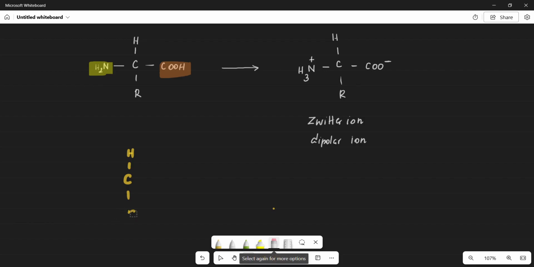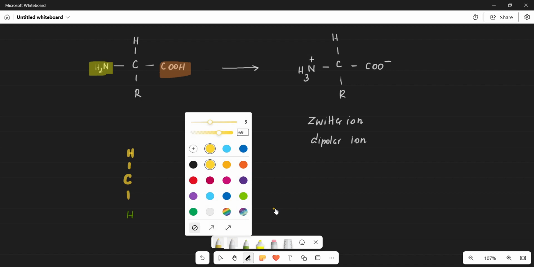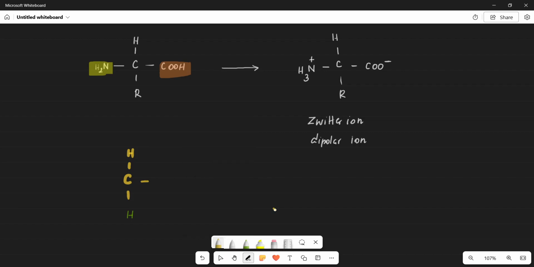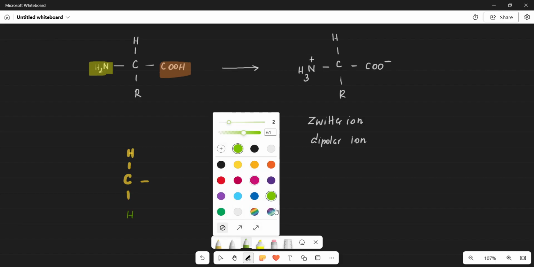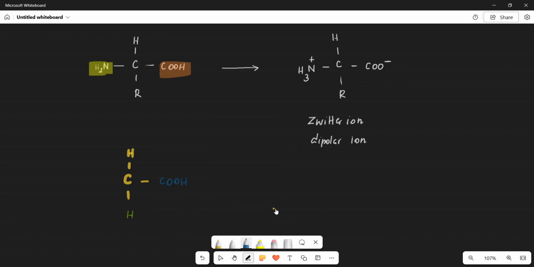Instead of R, I am going to have hydrogen, and I have the COOH group, then also I have the NH2 group. Now this is basically known as glycine.